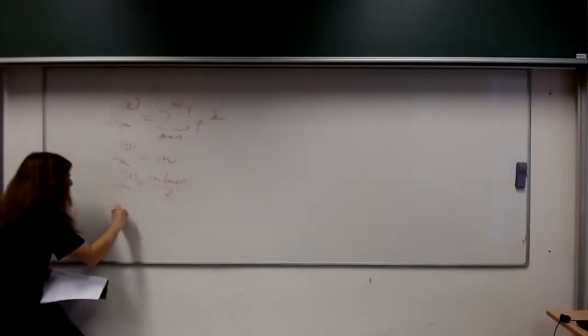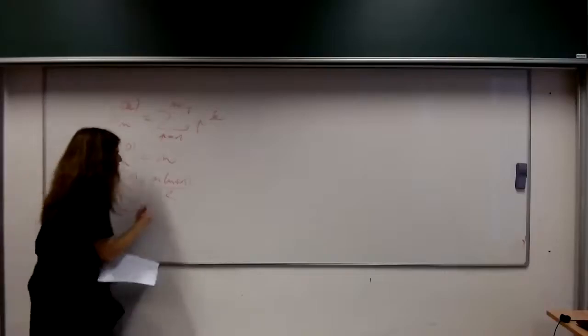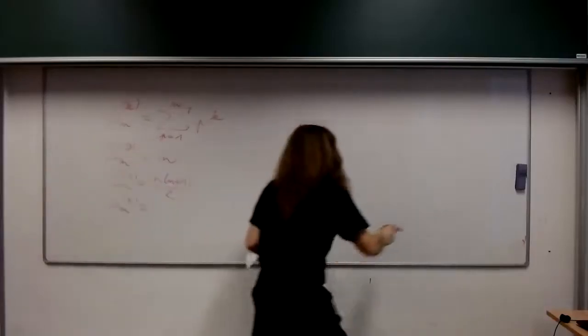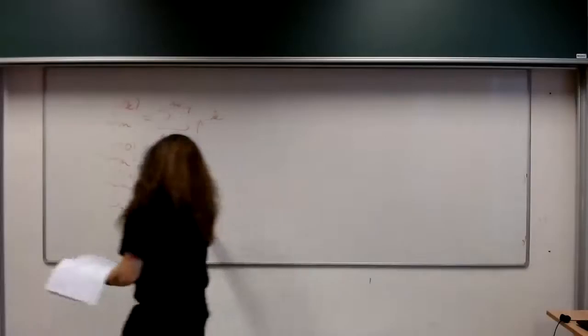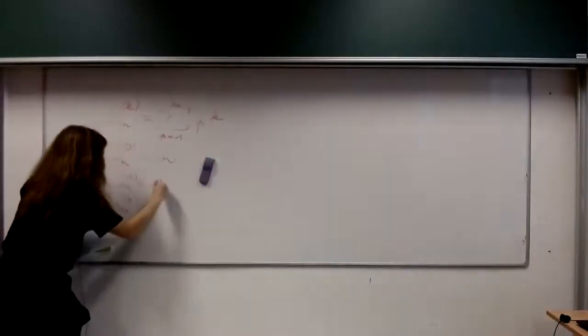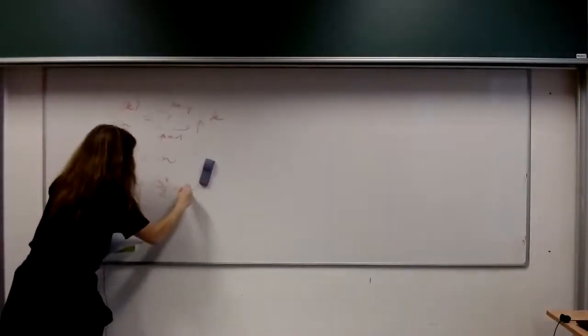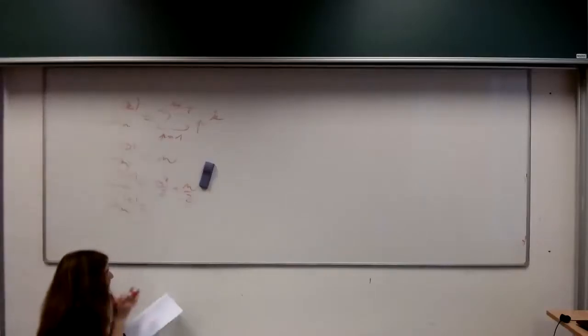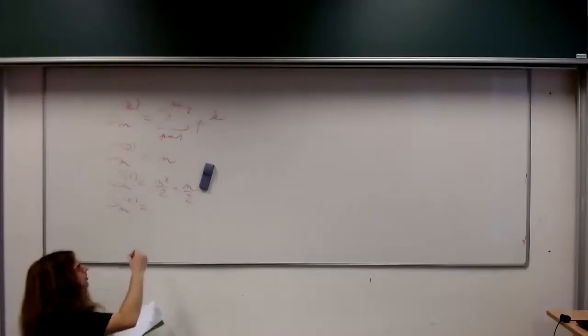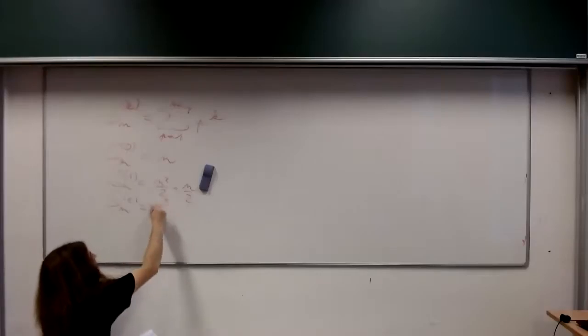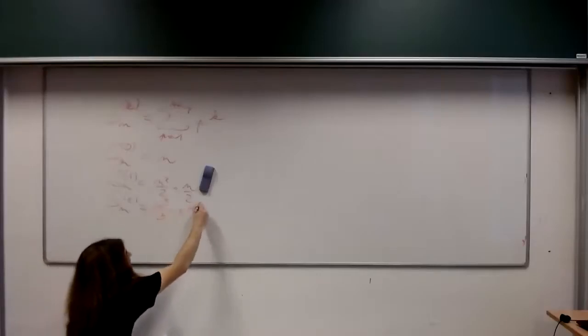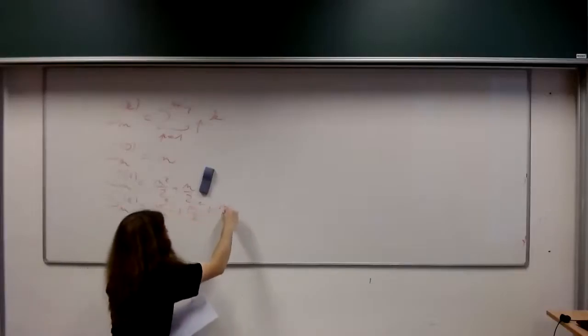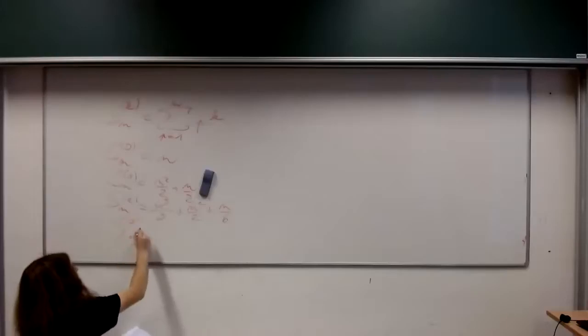And this we know as well. And I will just write this like n squared over 2 plus n over 2. And here, if we expand that fraction that everyone remembers, then we get n cubed over 3 plus n squared over 2 plus n over 6. And so on.